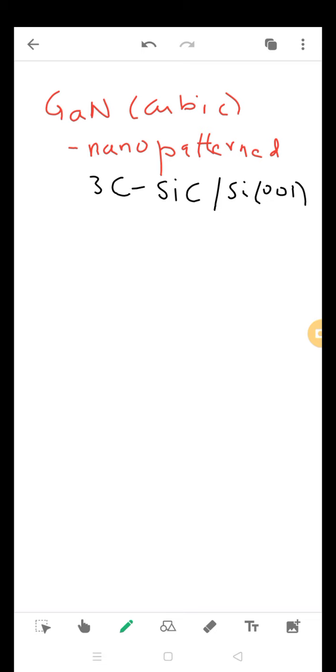Now what we are mainly focusing on is this gallium nitride here.